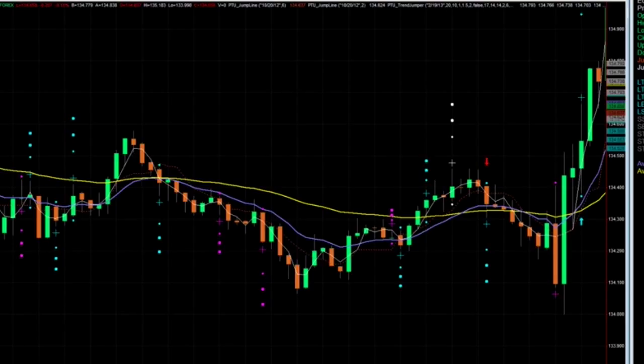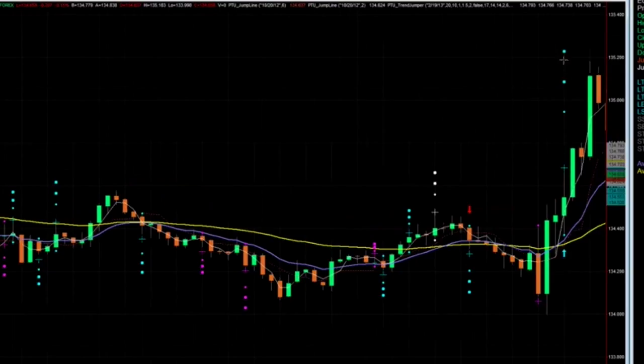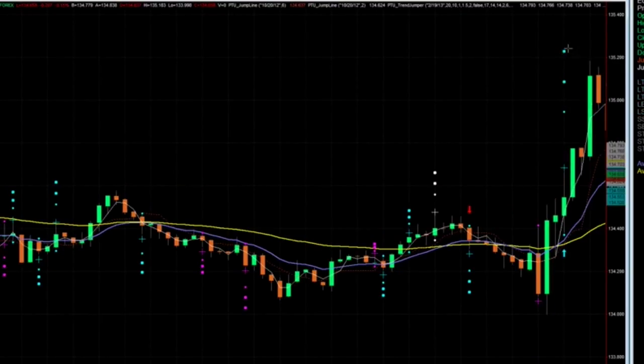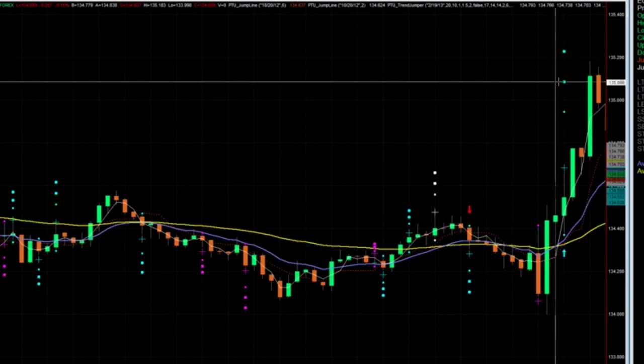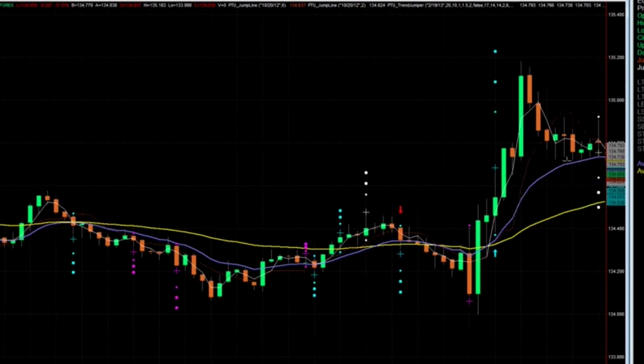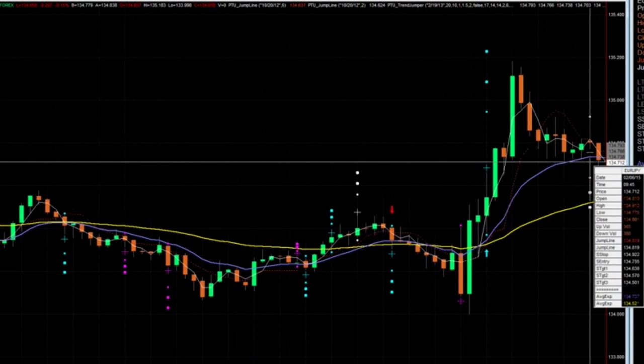One gets off at target 2, one gets off at target 3, and then one's going to trail this purple line here. And so you'll see how Trend Jumper almost called that 3rd target perfectly, fell a little short, missed by a little bit, but you're taking profit off here, you're moving your stop up to break even, now you're trailing the purple line up, and it stops out right there.